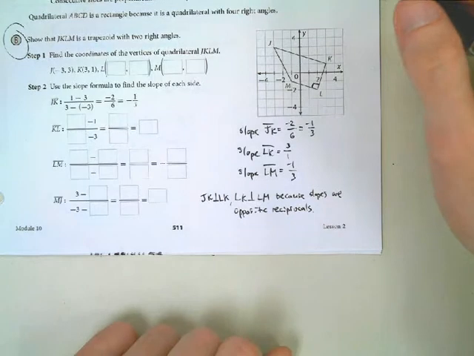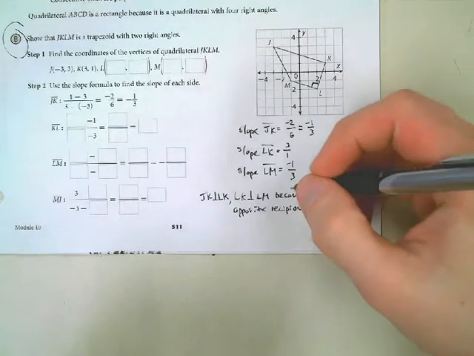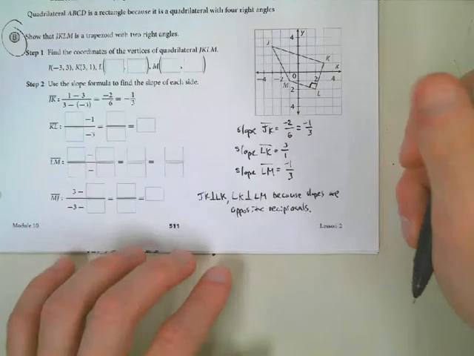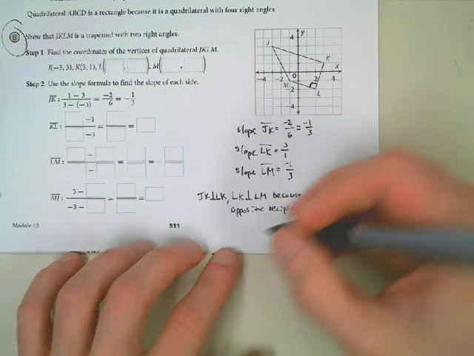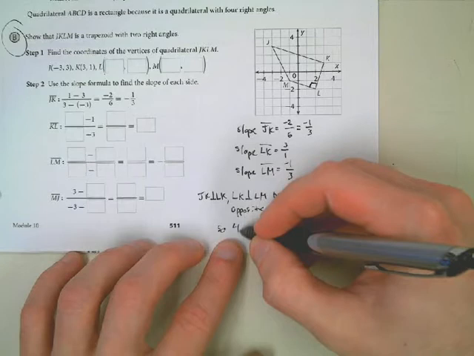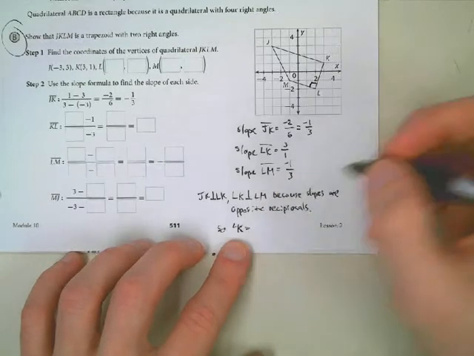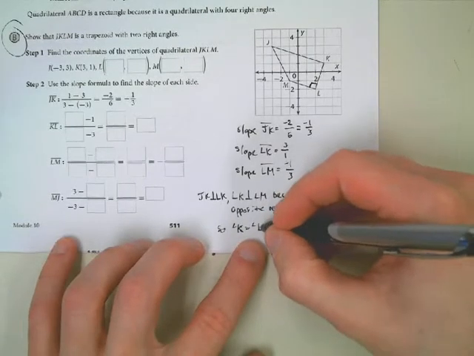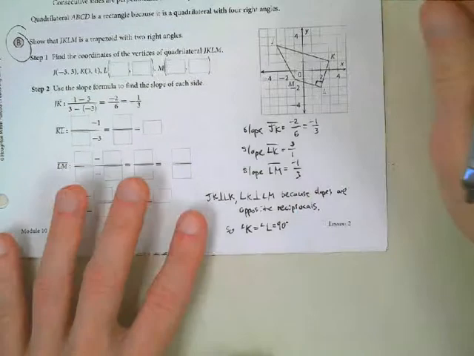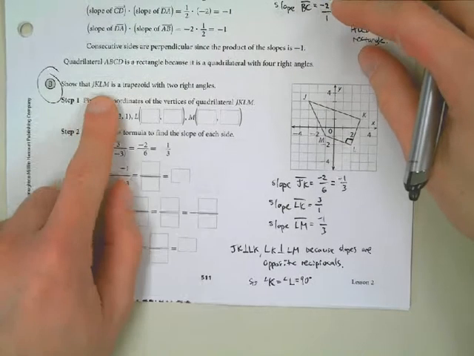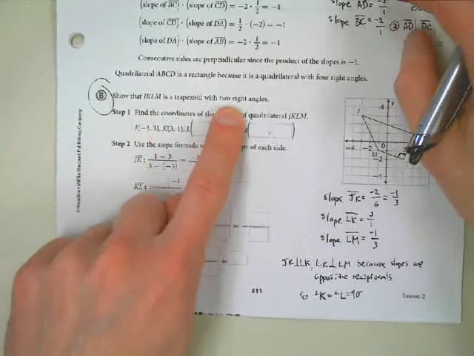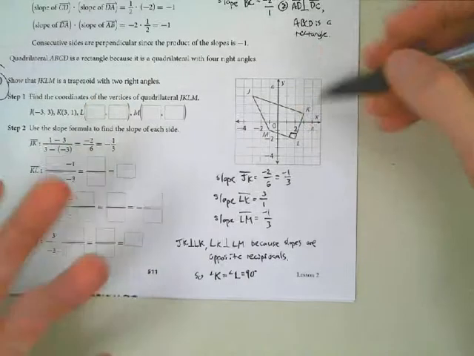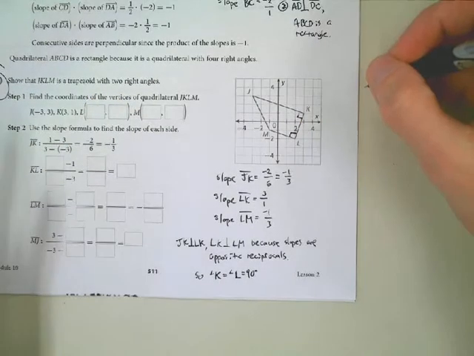So that's it. Why aren't you using JM? How are you going to compare that? So if you look here, we're supposed to show that JKLM is a trapezoid with two right angles. To save myself some time, I saw that it looks like K and L are the two right angles.